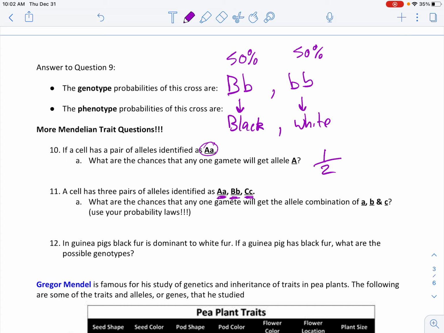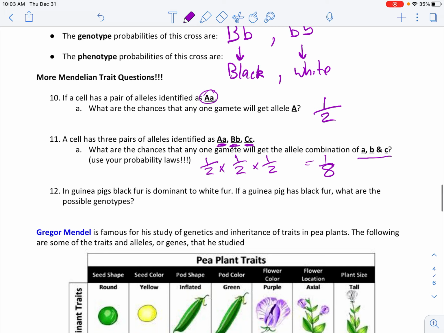Well, this is an and statement, so looking at our probability laws, little a is a 1/2 chance, little b is a 1/2 chance because there's one of those, and little c is a 1/2 chance because there's one of those. It's an and statement, so we're going to multiply them together. So there's a 1/8 chance that you create a gamete with the recessive versions of all 3 of those alleles, if you're talking about them all together.